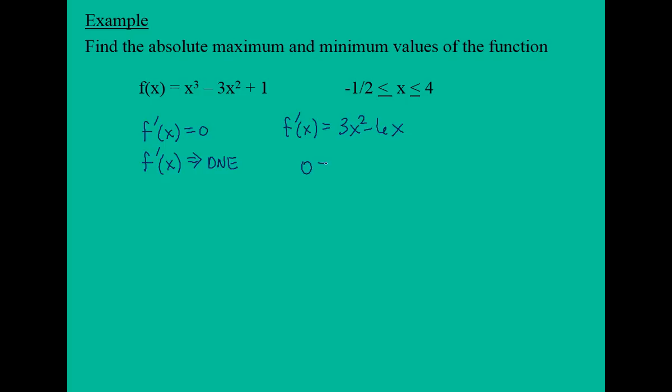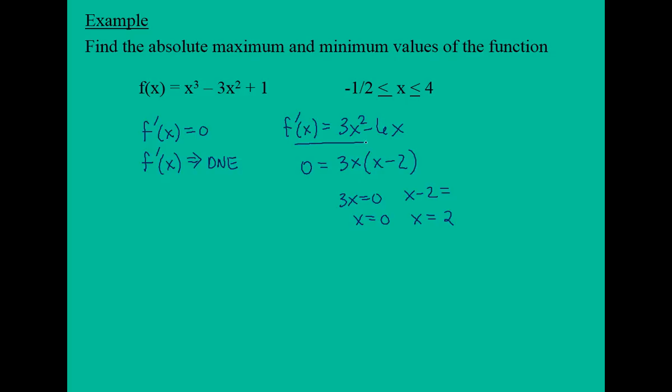We're going to set this equal to 0 and solve. We can factor out a 3x, and solving for x, we set each one of these factors equal to 0. So we have a critical number at x equals 0, and a critical number at x equals 2.